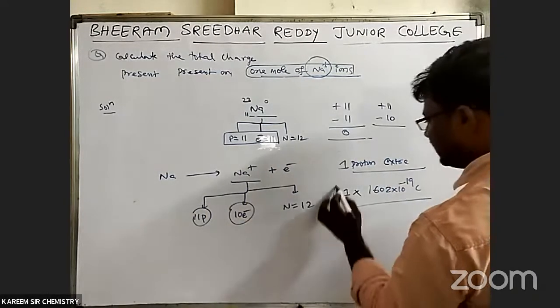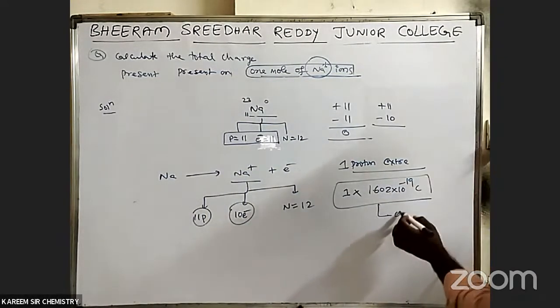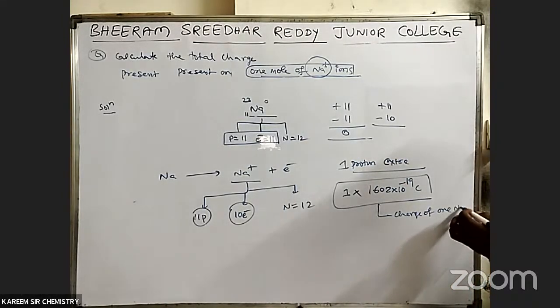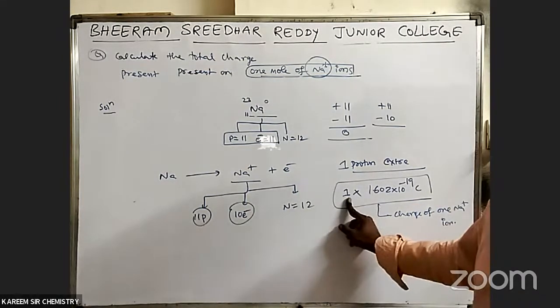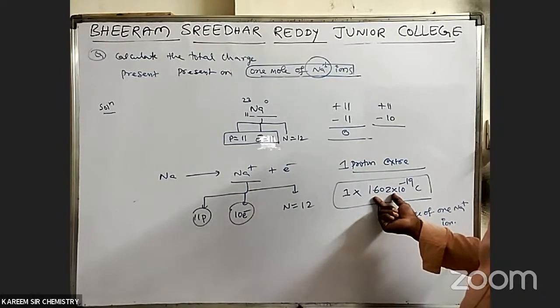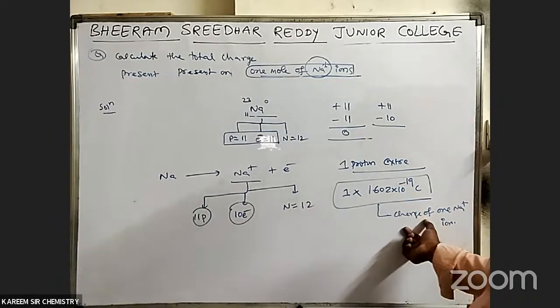So this is the charge of 1 Na plus ion. That 1 proton charge is 1.602 into 10 power minus 19 coulombs.